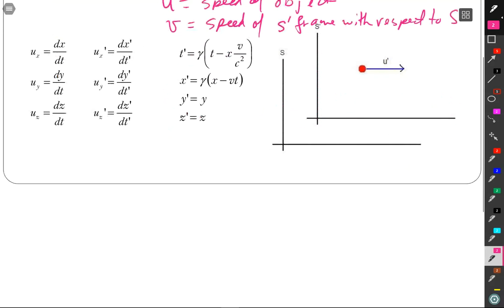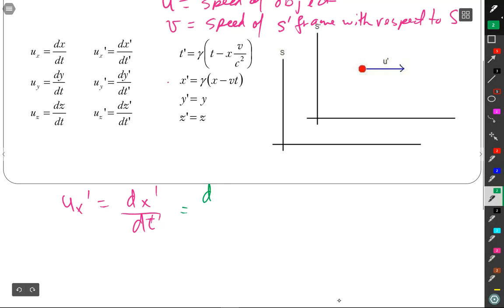So Ux prime is dx prime over dt prime. Well, we have here what x prime is.